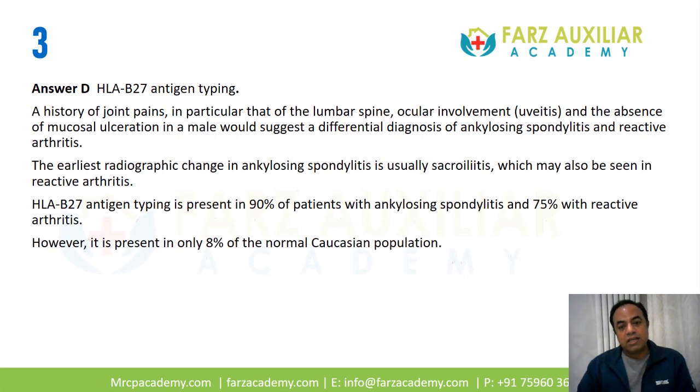HLA-B27 is positive in 90% of the patients with ankylosing spondylitis and 75% with reactive arthritis. 8% of the normal Caucasian population can have HLA-B27 positivity as well. So you need to make sure when you are reading the question that you look at the negatives as well, so you can rule some of those options out easily.